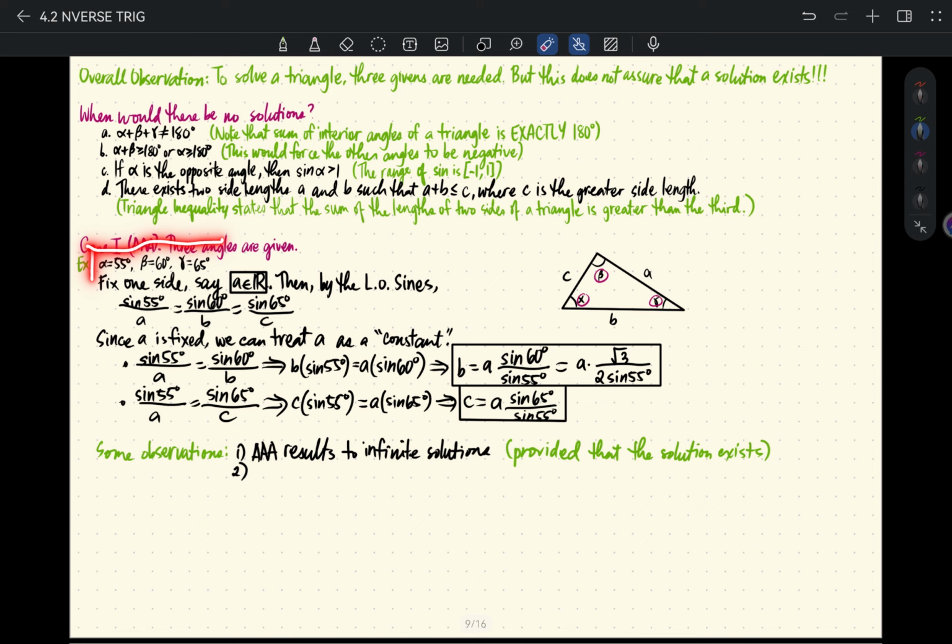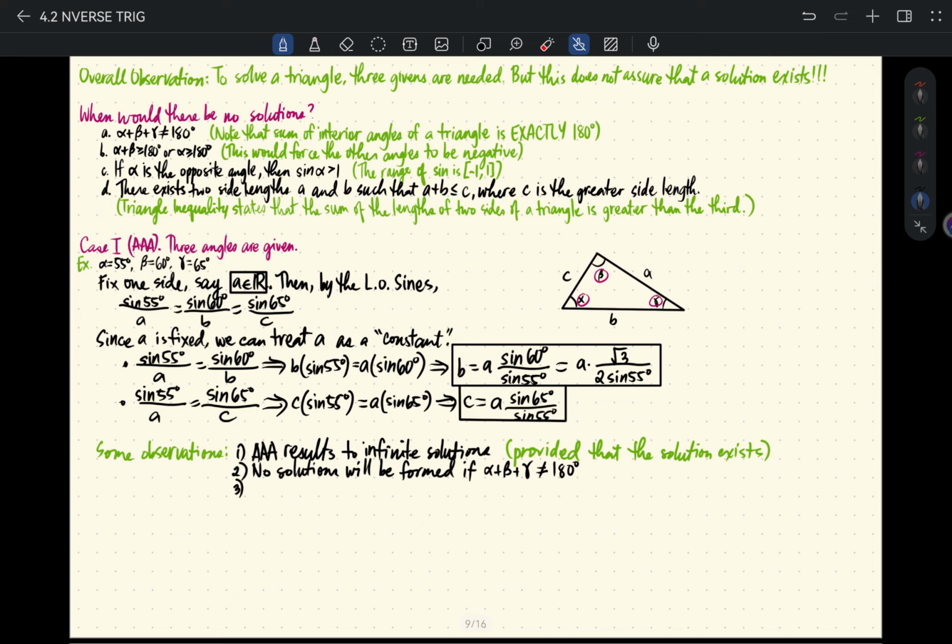So as long as your angles obey the requirements for being a triangle, we don't have any problem. So basically, we need alpha plus beta plus gamma equals 180 degrees. So second observation, no solutions will be formed if alpha plus beta plus gamma is not equal to 180 degrees.